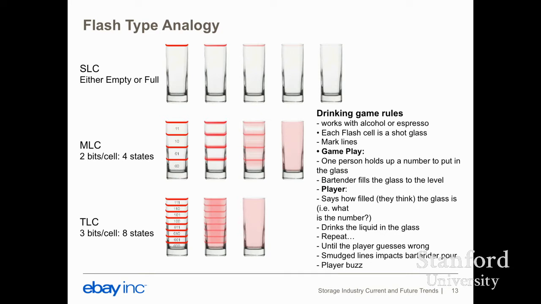You keep doing that, and the lines start to blur, both your vision and the cell as they get worn, and eventually you're not able to read it as accurately anymore. With SLC, it's a lot easier to tell whether it's full or not. But as you get down to TLC, it gets more difficult more quickly, right? So this is some of the challenge there. In TLC, while it gives you the density, you're losing out on endurance, and it's a balance. Disclaimer there: I'm not recommending you play this game.